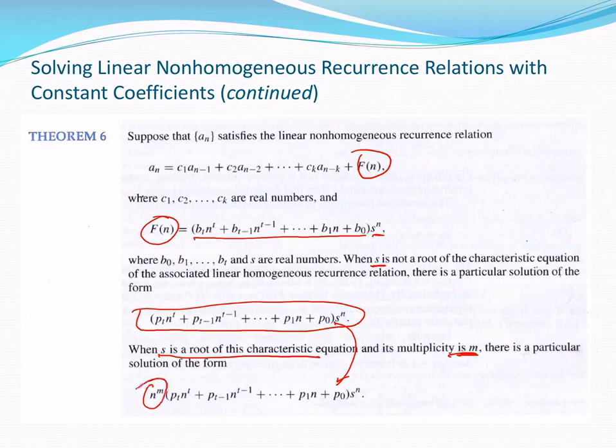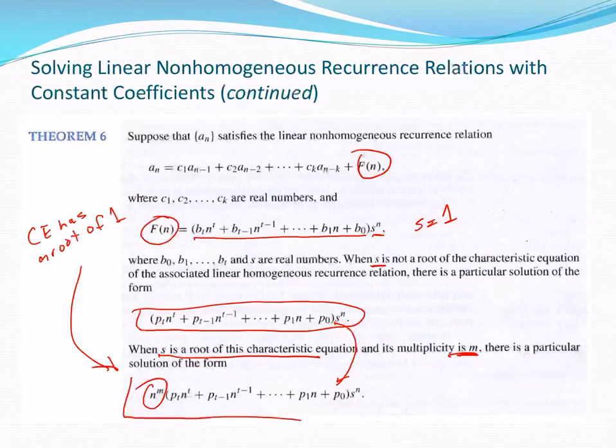That's fairly straightforward, except you have to be careful when s equals 1, because if you don't see an exponential, you have an implied s equals 1. And then you have to be careful if your characteristic equation has a root of 1, in which case you need to go look at that second situation for your particular solution. We'll do an example of this in a separate video.